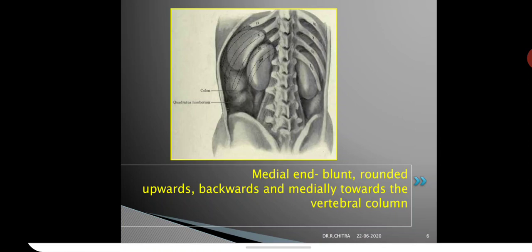This is the medial end of the spleen, on the left side. It is blunt and rounded, directed upwards and backwards towards the vertebral column, exactly opposite the 10th thoracic vertebra, 10th thoracic spine, about 3.5 to 4 centimeter to the left of the mid dorsal line.